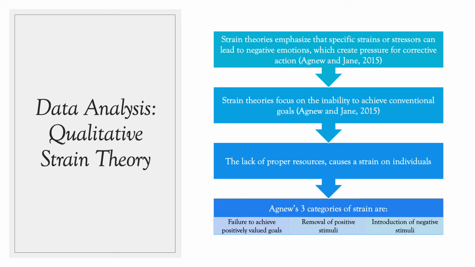The lack of proper resources causes a strain on individuals. In regards to Agnew, his three categories of strain include failure to achieve positively valued goals, removal of positive stimuli, and introduction of negative stimuli. Strain often deals with the person's evaluation of a condition or an event.